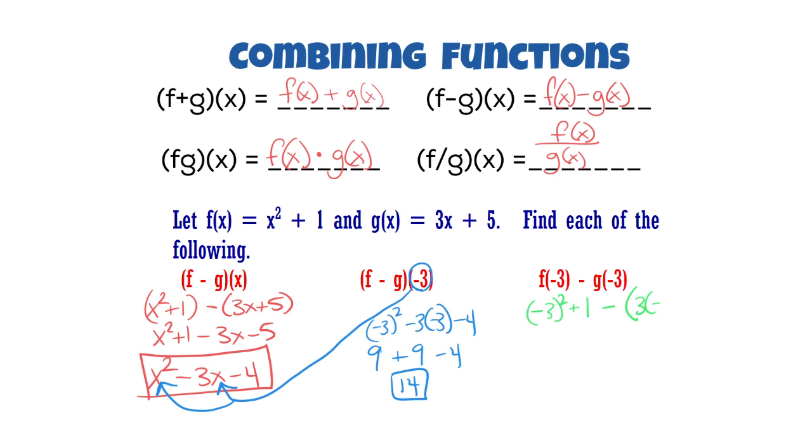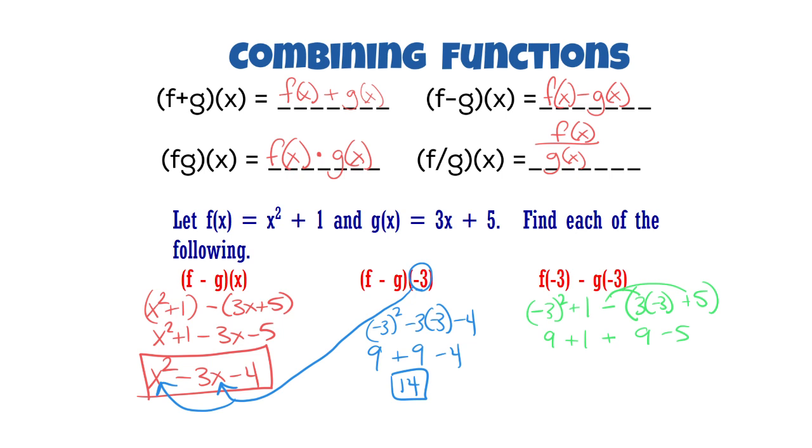So that's going to be 3 times negative 3, and then plus 5, and I'll have to distribute that negative. That's 9 plus 1 minus negative 9, which is going to turn into plus 9, and then minus 5.